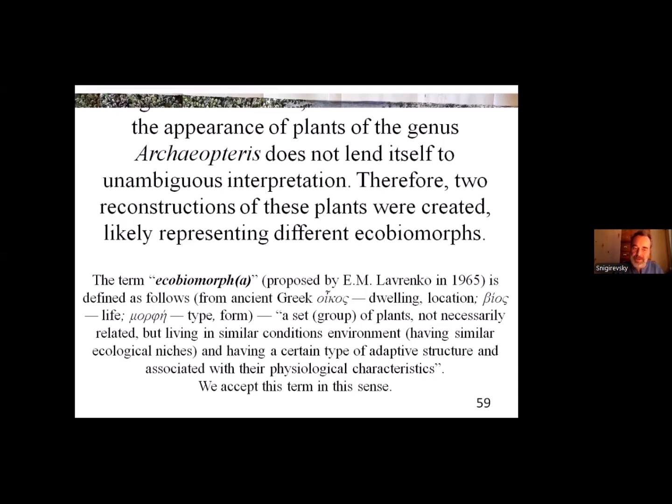This term is maybe not widespread, because it was proposed by Lavrenko, a Russian botanist, in 1965. I think it is better if you read the explanation of this term yourself.